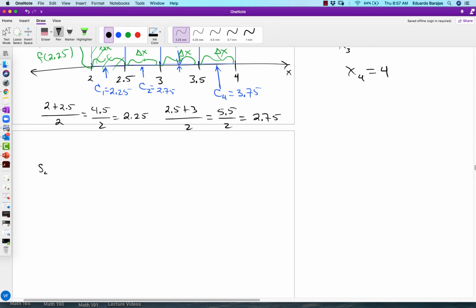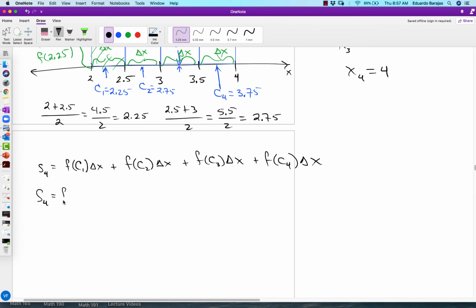So S sub 4 is going to be equal to f of 2.25 times, well, actually, let's start by writing down f of C sub 1 times delta x plus f of C sub 2 times delta x plus f of C sub 3 times delta x plus f of C sub 4 times delta x. This has to be the area of all 4.